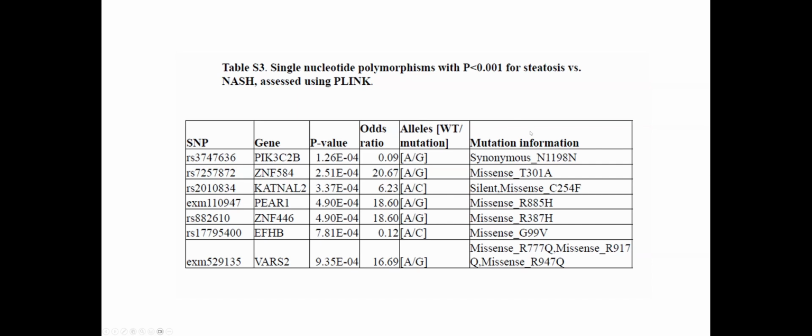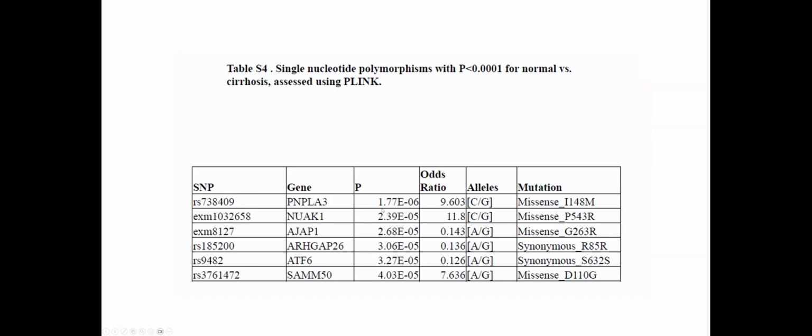But most interestingly, we identified this gene that was made famous by Helen Hobbs in Texas, that she identified, PNPLA3, to be a gene significantly involved in differentially regulating steatohepatitis in the European population.